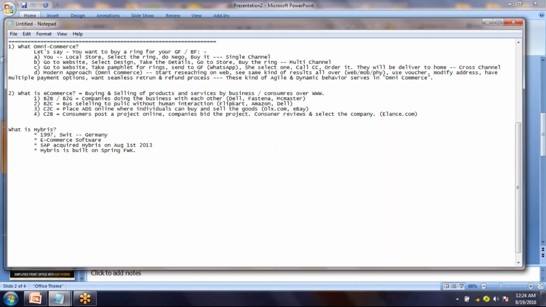So Hybris is built on the open source framework called Spring, and it leverages all the powerful concepts of Java, jQuery, JDBC, AOP, and so on.